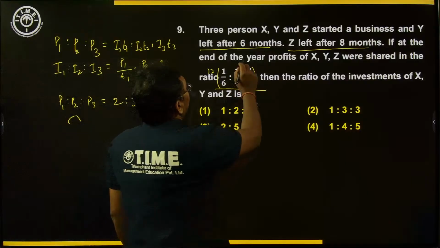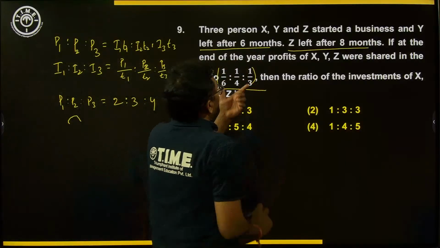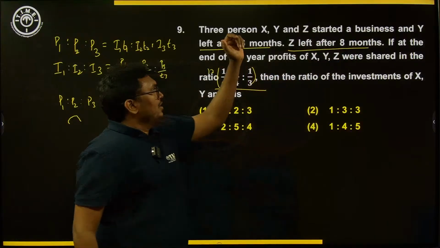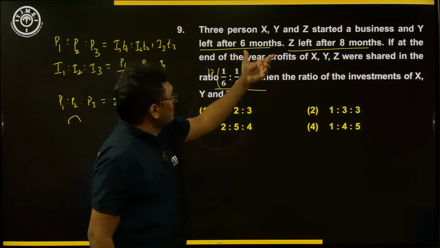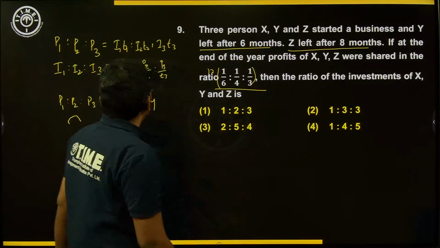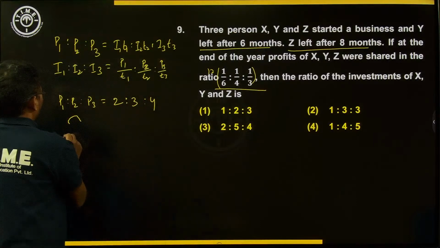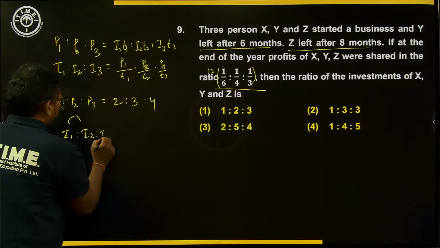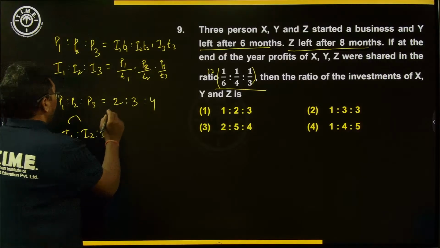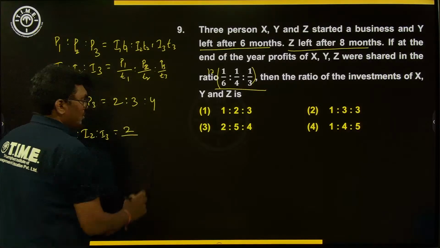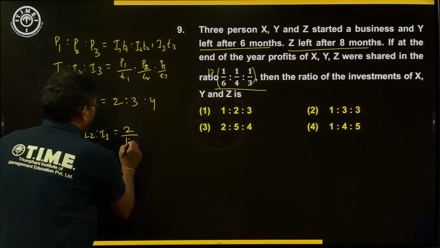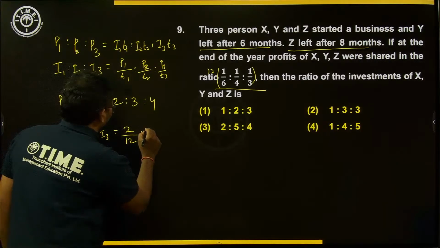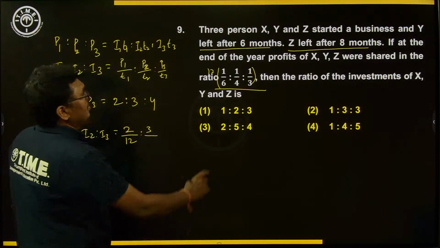Here Y left after 6 months, Z left after 8 months, which means X was already there for 12 months. So the investment ratio is given by I1 is to I2 is to I3. P1 is 2, T is 12, is to, next, profit for the second person 3, by what is the time?